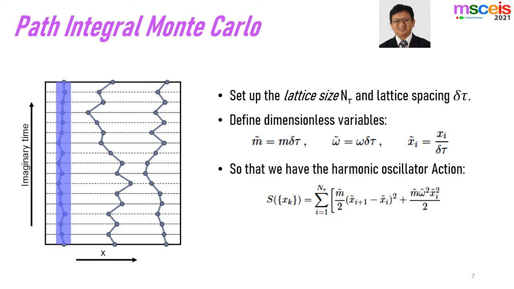And then we define m and omega such that they become dimensionless, but we will use m and omega with a value of 1. So that we have the harmonic oscillator action S in its discrete numerical formula with this time slices formulation. Okay, so this is the action. So you have m over 2 times x(i+1) minus x(i). This is the velocity squared, and this is the x squared, the potential.